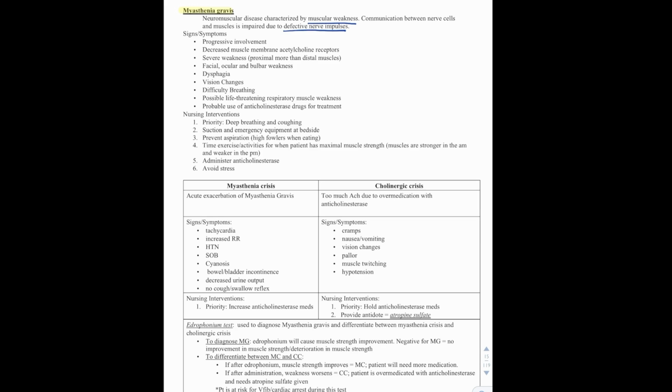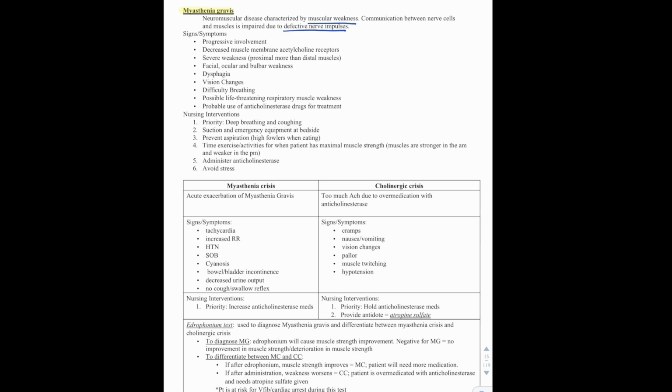They have severe weakness, proximal more than distal to muscles. Their facial, ocular, and bulbar weakness, dysphagia, vision changes, difficulty breathing, possibly life-threatening as respiratory muscle weakness can happen. And they probably use anticholinesterase drugs for treatment.